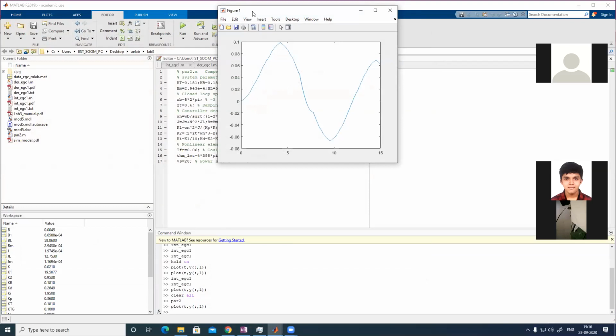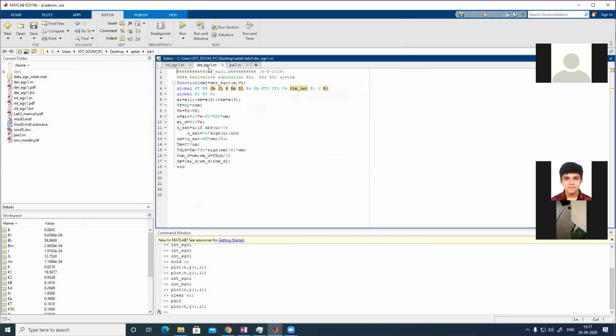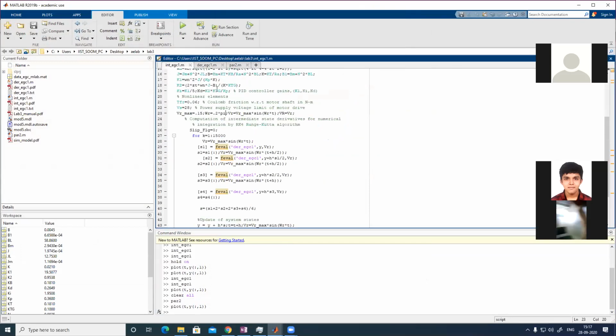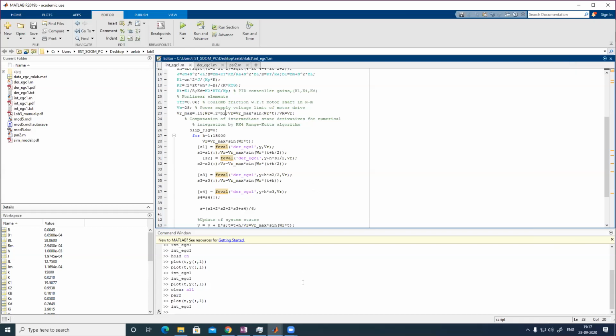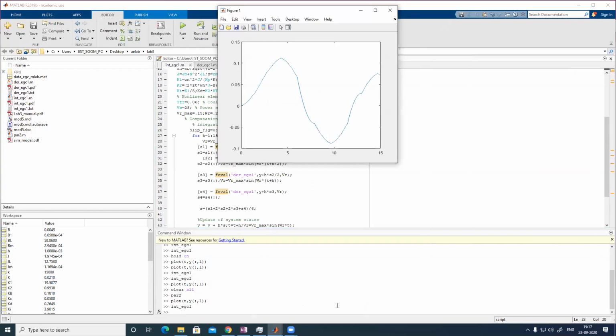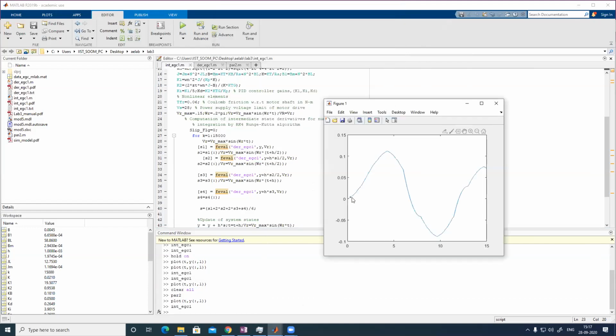So I am getting this as the waveform output. Now I am running this integrated subroutine. You will get the exact value. So that is inside this value only.